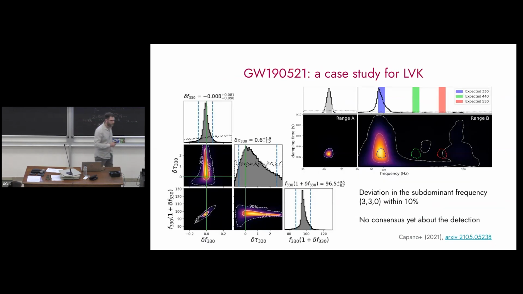So now, where are we experimentally in this context? We are very far from black hole spectroscopy. There has been only this paper, and there is no consensus about its results in the literature. They claim that they have detected a subdominant quasi-normal mode.